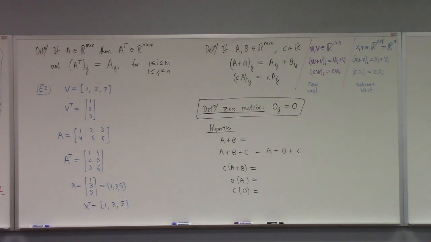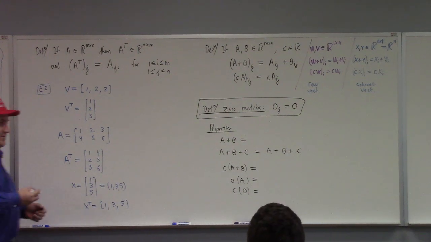Can you tell me something? A plus b is equal to what? B plus a. Very good. Matrix addition commutes. So we can do that. The next equation there, a plus b plus c, I usually say, well, that makes sense, right? Which is a kind of glib way of me saying that matrix addition is associative.